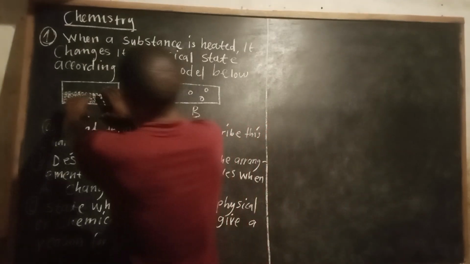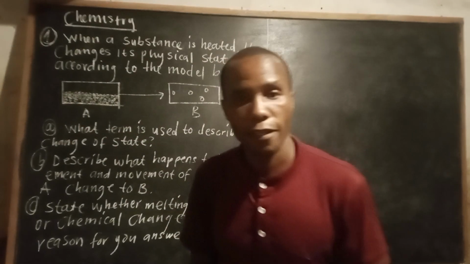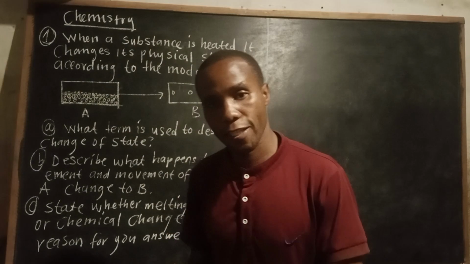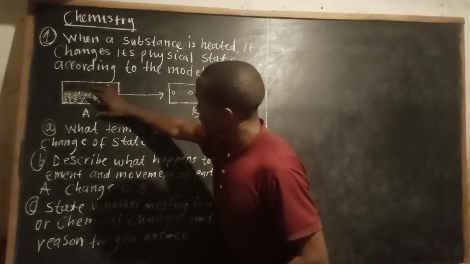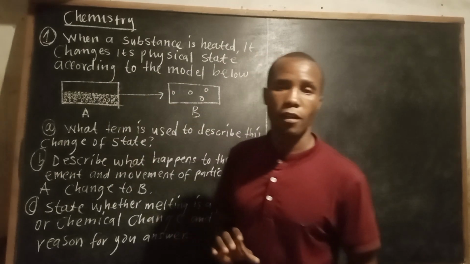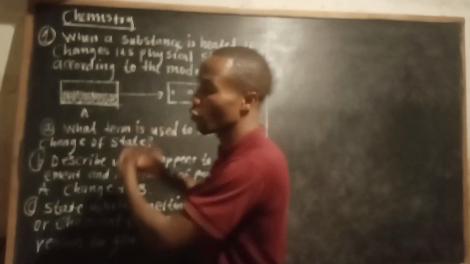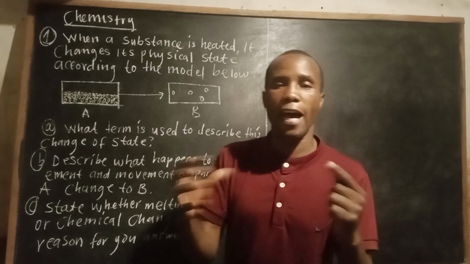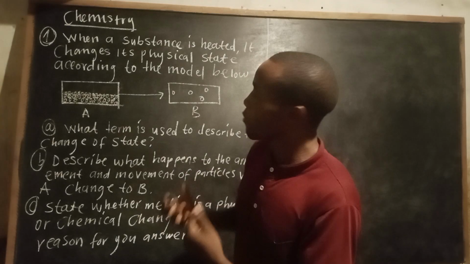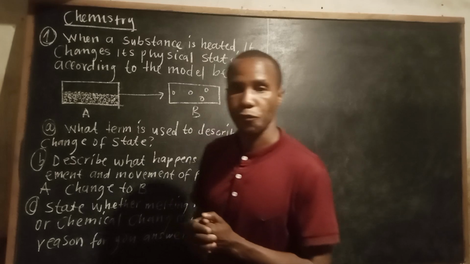When we go back to the states of matter, we have solid, liquid, and gas. Looking at the way particles are arranged, we can say this is solid, because in solid, particles are arranged in a regular manner. They are closely packed.